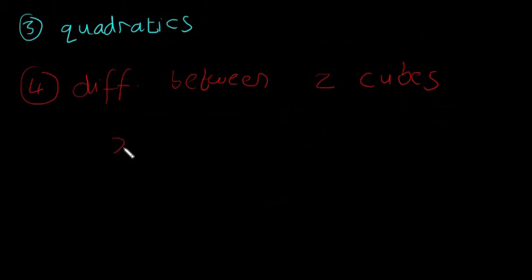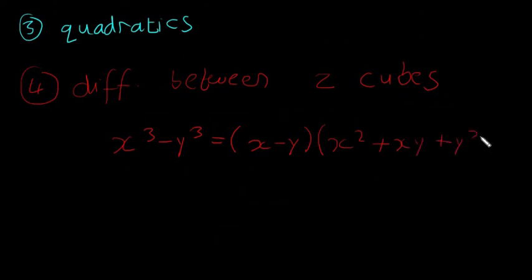So the two examples, that's going to be x cubed minus y cubed, and again, you just have to learn these off by heart, so it's nice and boring. X minus y, and then you're going to get x squared plus xy plus y squared.